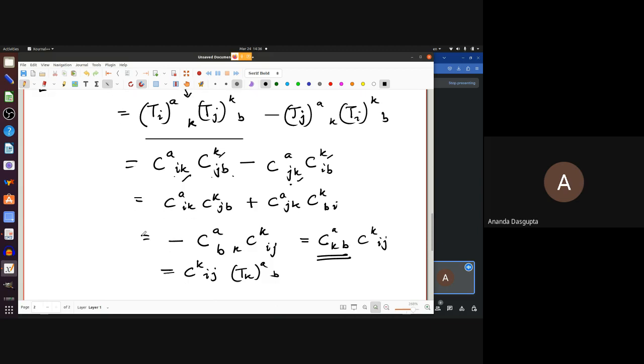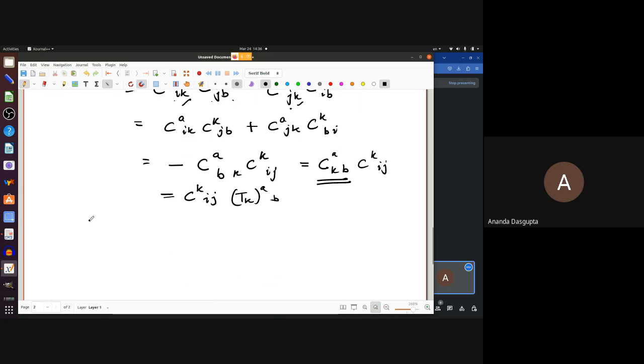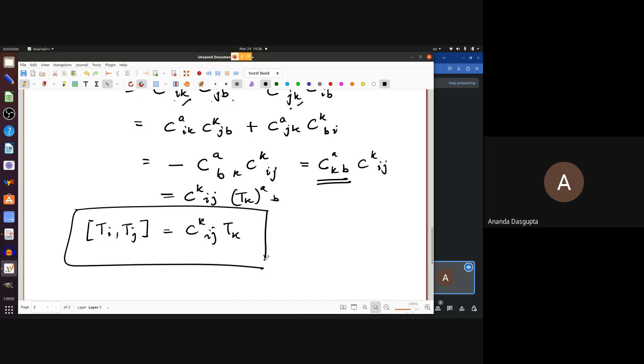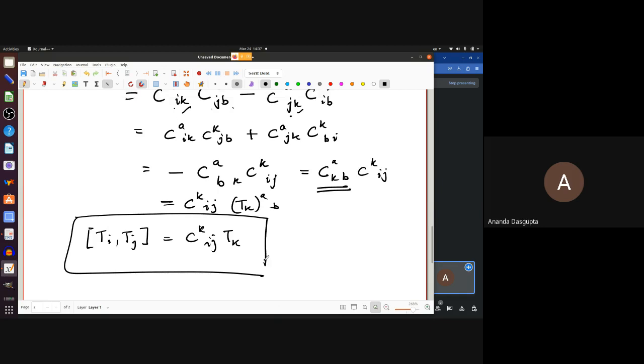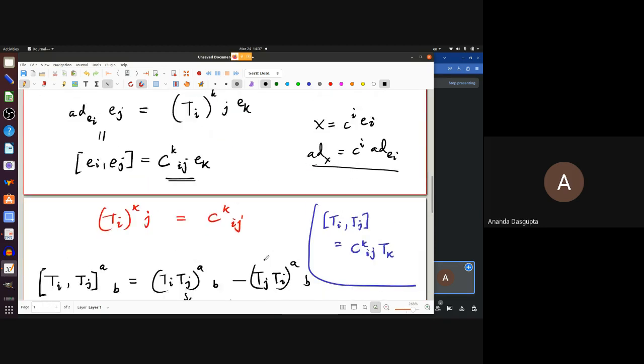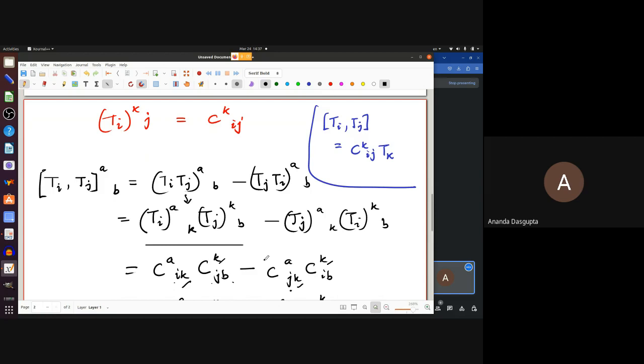So at the end of the calculation, we have managed to convince ourselves that the commutator of Ti and Tj is Ckij Tk. Here, of course, although this is a Lie bracket, this is a specific Lie bracket, the commutator bracket between the matrices Ti and Tj. And even if I had not arrived at this by starting from the regular representation and finding matrix elements, we just said that, okay, let's take the structure constants themselves and use them to form matrices. Of course, the structure constants have 3 indices.